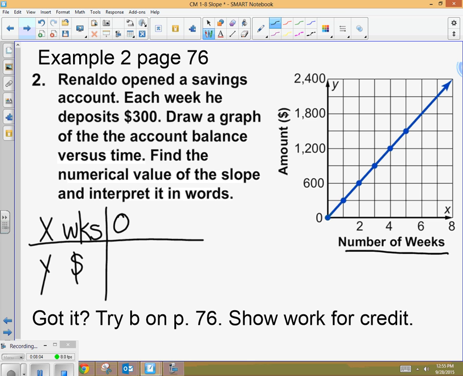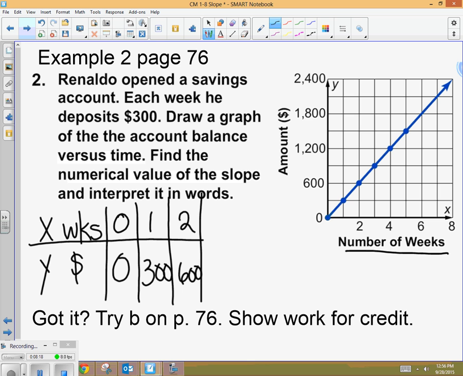At 0 weeks, they would deposit $0 because no time has passed. After 1 week, they would deposit $300. After 2 weeks, they would have a total of $600. 3 weeks would be $900. 4 weeks is $1,200. You can keep that pattern going.